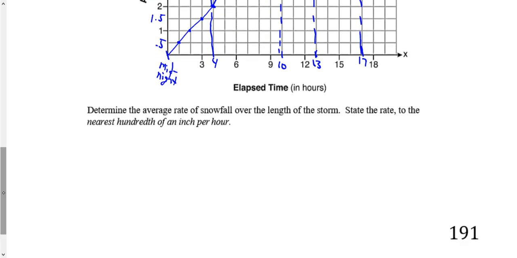And so here's a follow-up question. Read that follow-up question if you would. They're actually talking about something we're going to look at in another section, but it's okay to preview it here. They're talking about average rate of change.